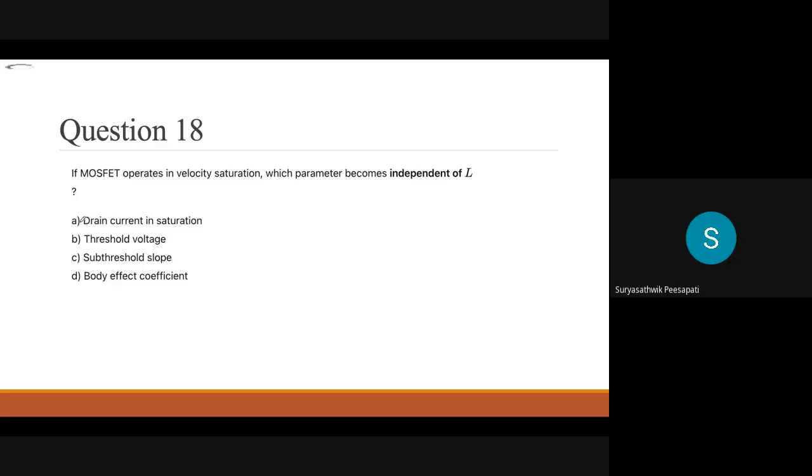That's option A, ma'am. Drain current in saturation. So what is the right option? Option A, right? The drain current in saturation.